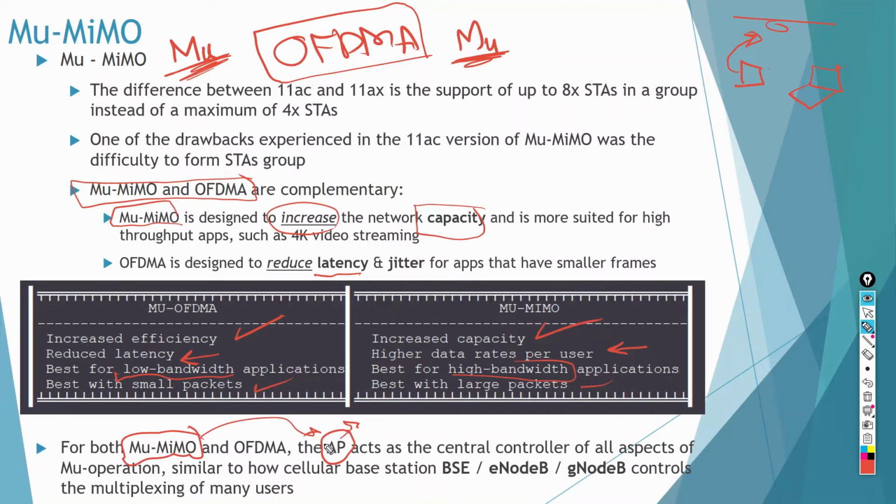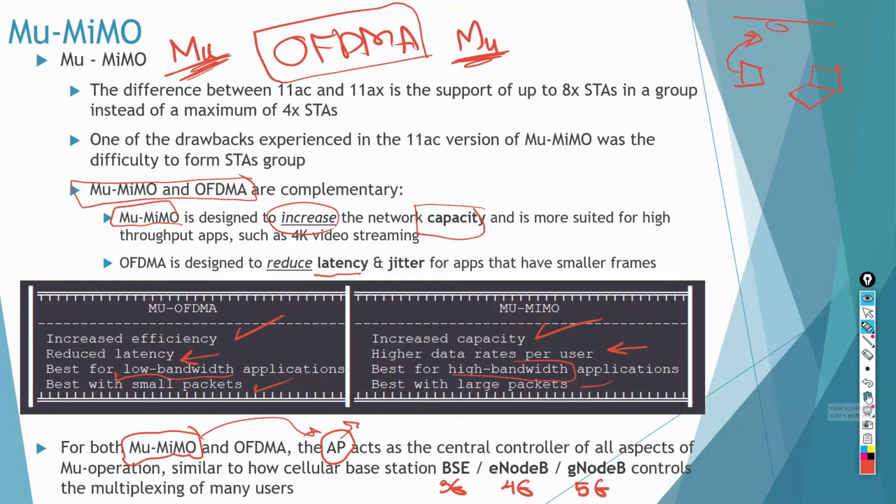Since the access point acts as a central controller for all MU operation, it resembles the base station, eNodeB, or gNodeB in the cellular world. By the way, this is used in 3G, this is in 4G or LTE, and this is in 5G. We have already mentioned that.